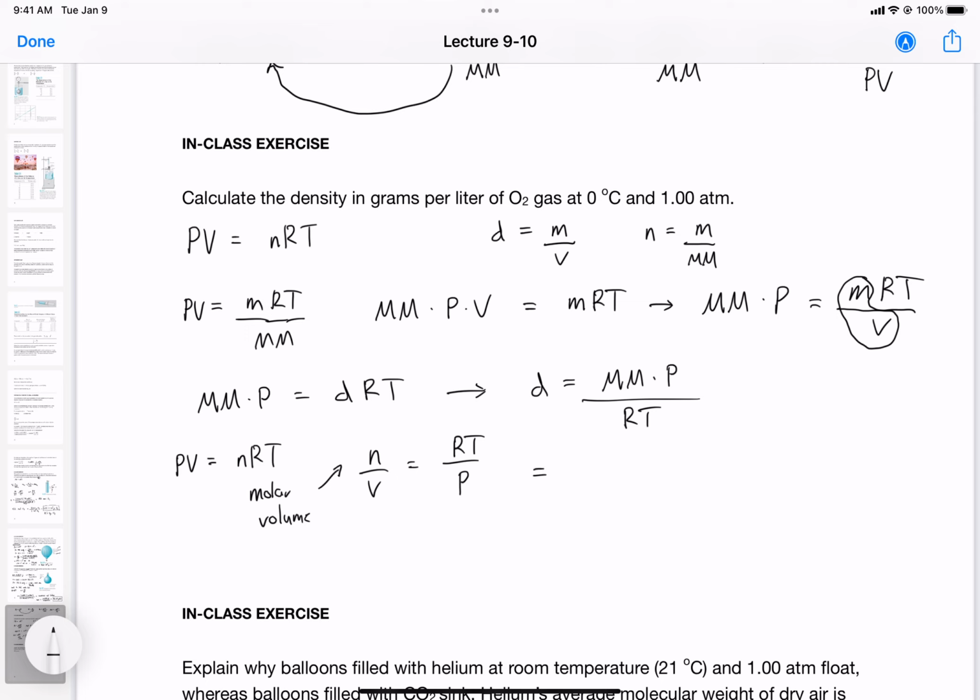So we're going to solve for molar volume, right? So we know R is 0.08206 liters times atm over mole Kelvin. And the temperature here is at 0 degrees Celsius, so that's 273.15 Kelvin.